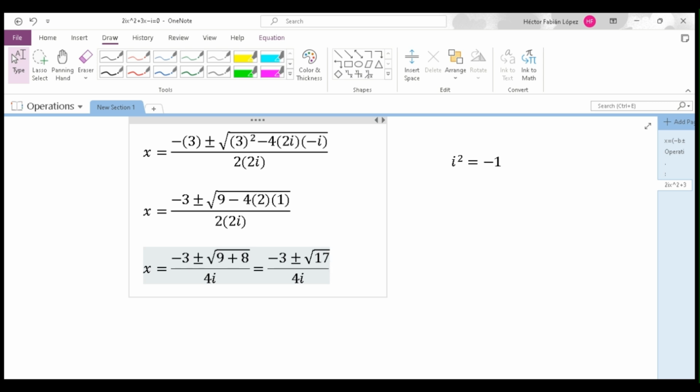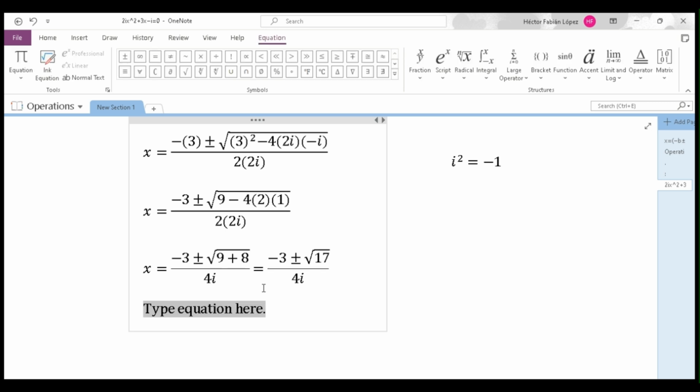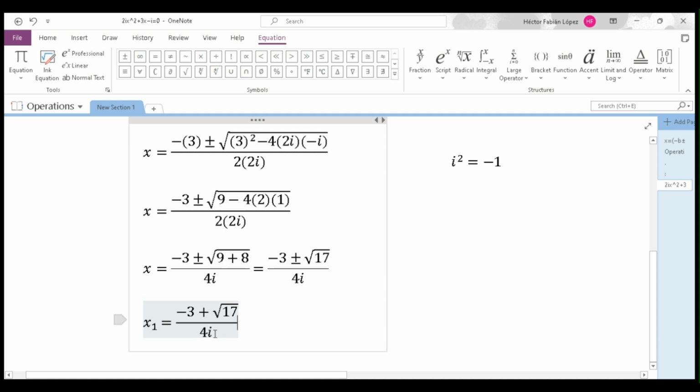After that, we are going to find the first result, x1 equal. Here we have negative 3 plus the square root of 17 all over 4i. We are going to amplify by i.